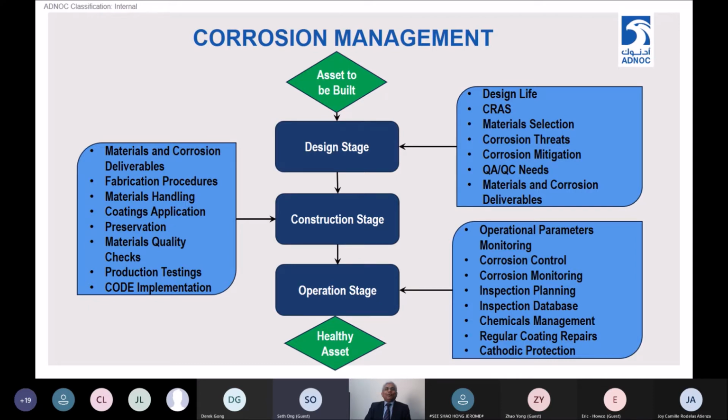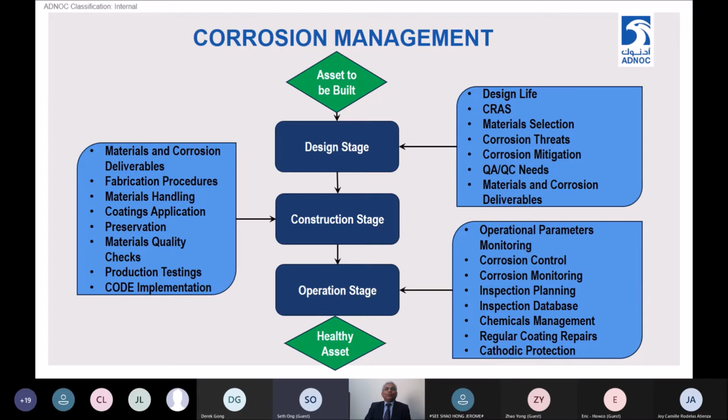When an asset is to be built, we do an early stage conceptual study of an asset. We understand, okay, if you have a set of fluids that are expected to be recovered from the reservoirs or the formation, then how do we design the facilities in order to balance out the return of investment against the design life?